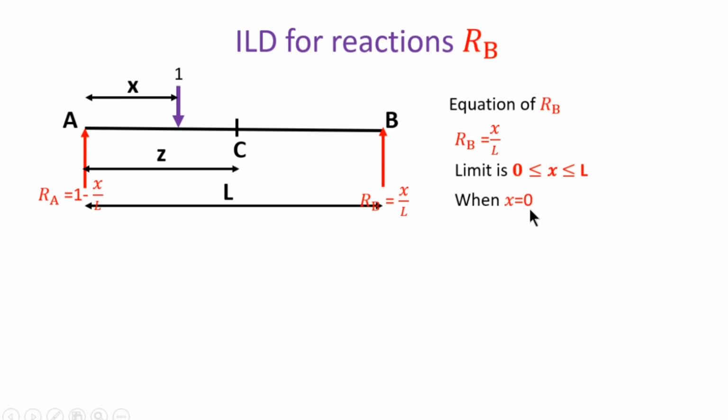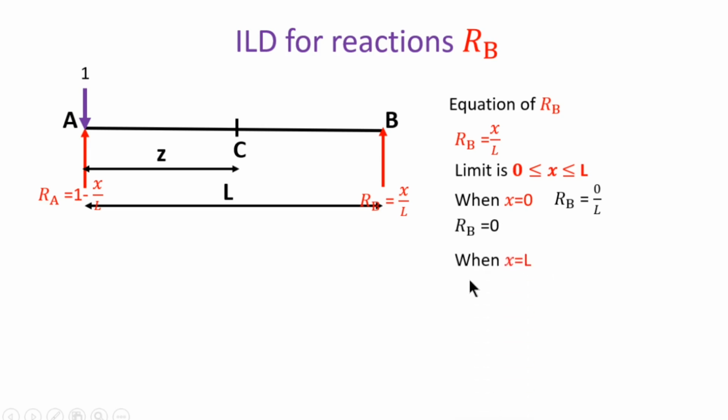When x equal to 0, unit load is at the location of A. In that case, put this 0 into this equation. So 0 by L, so Rb is equal to 0.